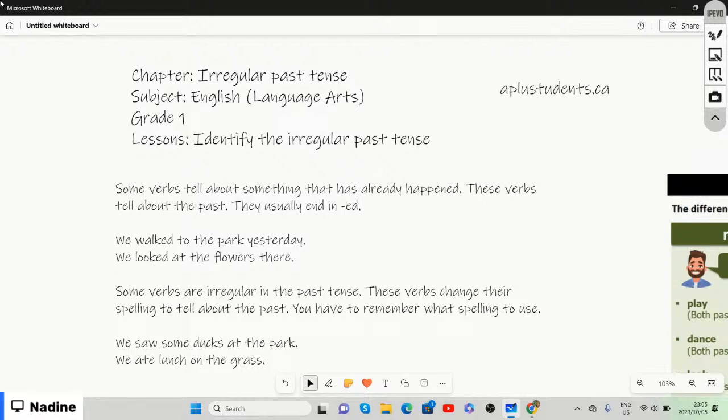But when it comes to irregular past tense, the verb changes. The whole word changes, or a few letters change, like the spelling. So the verb changes its spelling to tell us about the past. There's no rule that you need to follow. You are just going to have to remember what spelling you need to use.